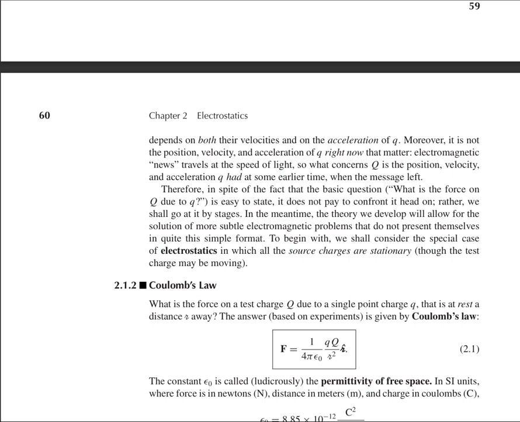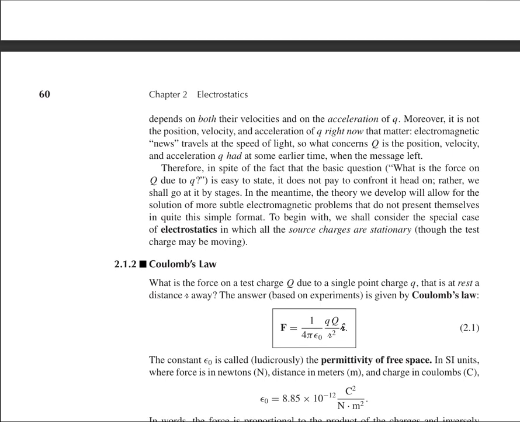But अगर distance is quite large है, like sun earth distance, तो उस केस में it will depend कि small q का जो source charge है उसका position क्या है when message left, because that is what matters ना. message जब जहाँ leave किया उस position पे कितने force लग रहे हैं और कैसा हो रहा है. Actually this is a problem that we'll have to deal with in future questions, तो वहीं इसको better समझ में आएगा. Cool, so आगे बढ़ते हैं.